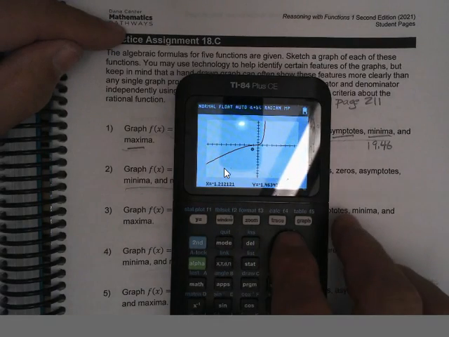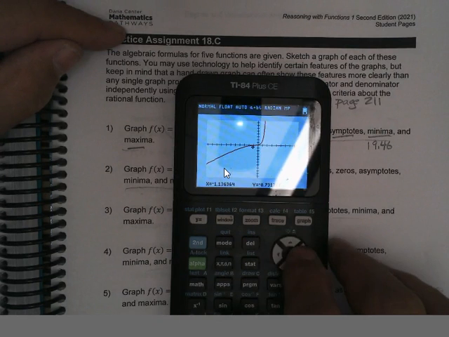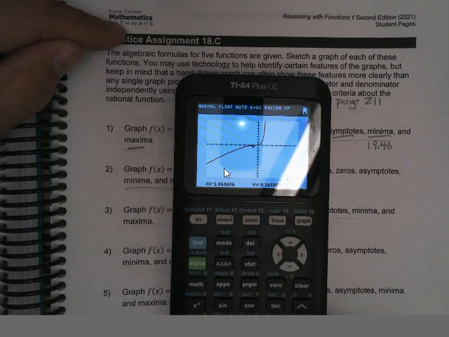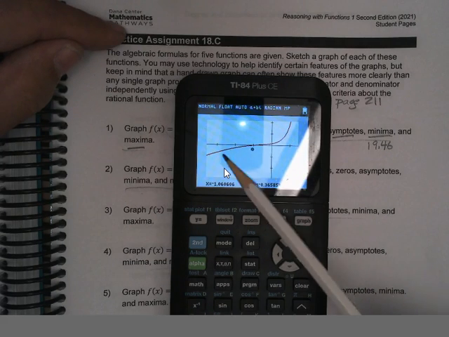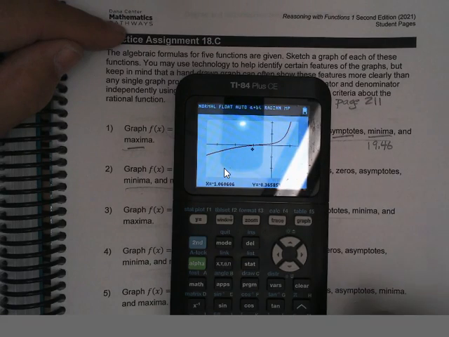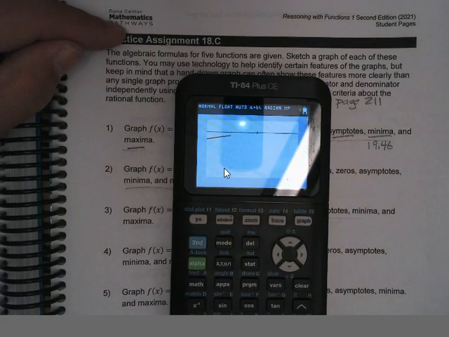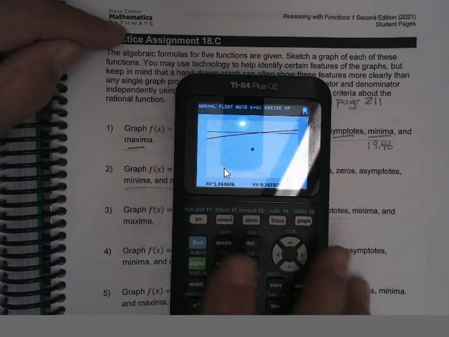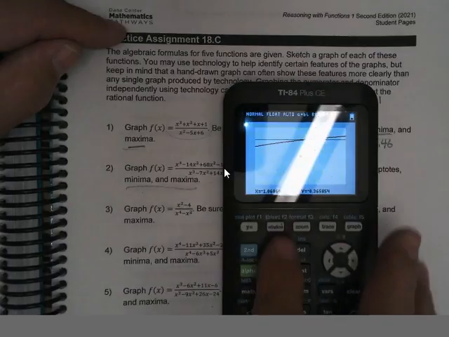Can't really tell yet, but it looks like it just goes through once at 2. I'm going to zoom in again, so it's coming up and it just goes across, so there's no minimum there. It doesn't bounce or anything. I can zoom in one more time just to check. It goes up, doesn't bounce, just keeps going up. So no other max or mins on that one.